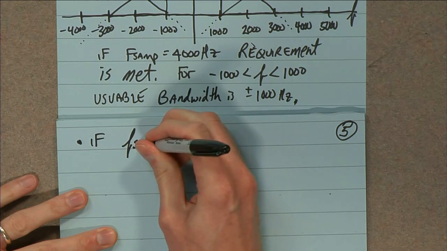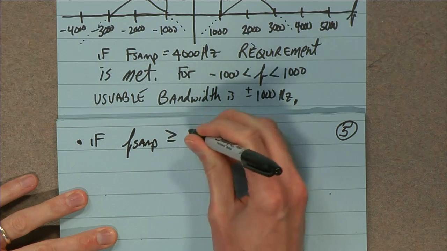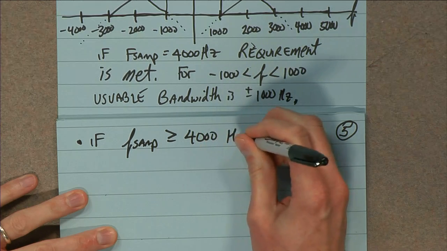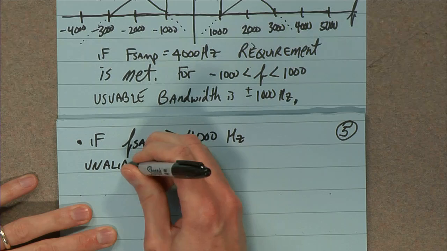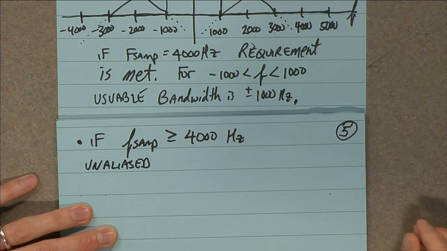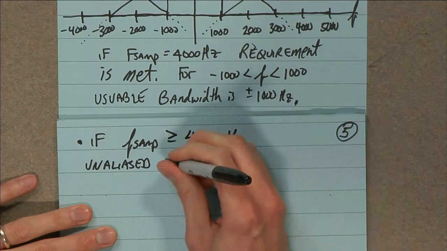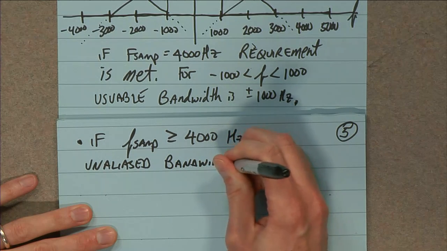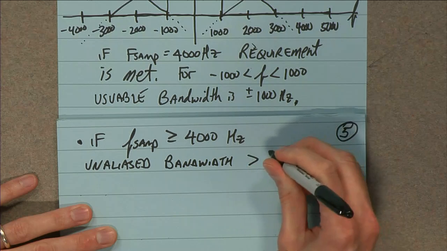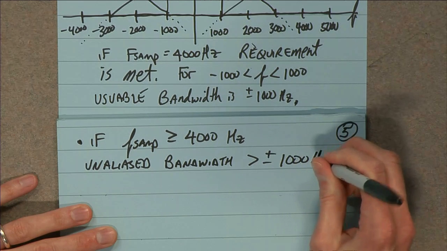If fsamp is greater than or equal to 4,000 hertz, then the unaliased bandwidth, and unaliased just means it's controlled to 30 dB or greater, is greater than plus or minus 1,000 hertz.